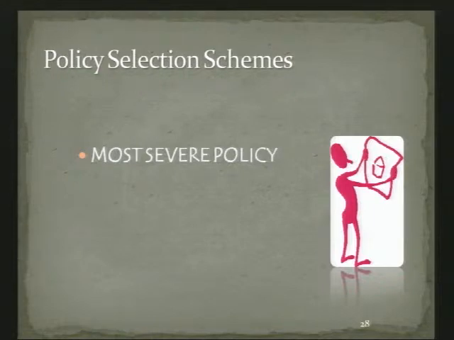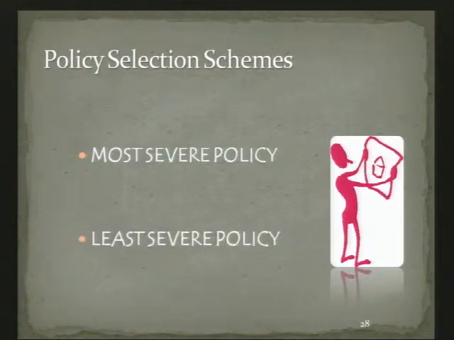You give options to the user. You want to choose the most severe policy, where the policy severity is actually dependent upon the severity of the response action, where you saw that you can have aggressive actions and conservative actions, and in between fine-grained actions. So that guides the severity of the policy. Or you can have a least severe policy. So ultimately you choose just one policy, and then you choose the response action to execute.